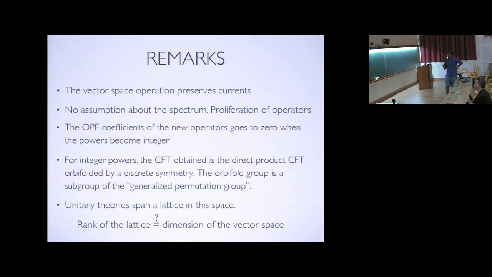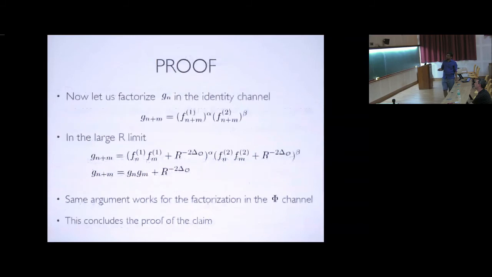So here, of course, what you're getting has many operators, because what is going on is that you start with a 4-point function and take its alpha power, and the way to do this alpha power is to expand in large R and do the binomial expansion. At each order, the binomial expansion doesn't terminate for general values of alpha unless it's an integer. And that's the source of non-unitarity, because the coefficients that you are getting at some point will turn negative.